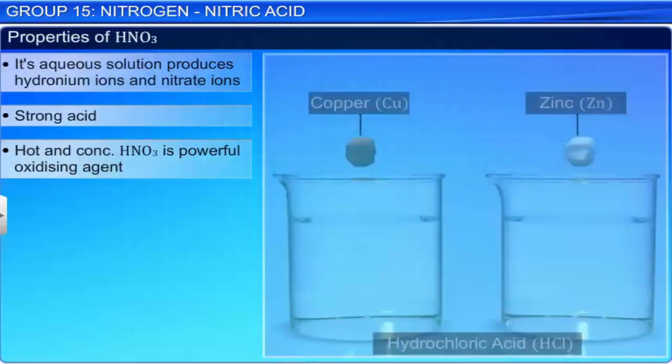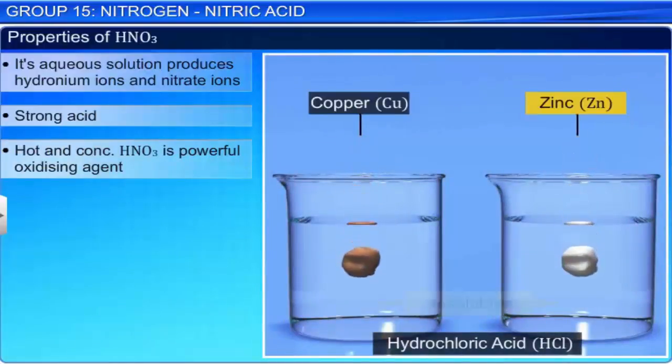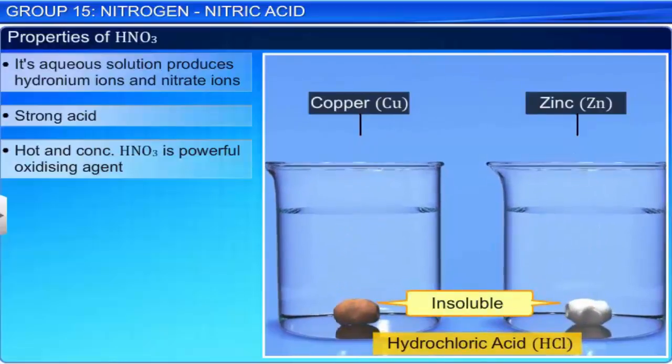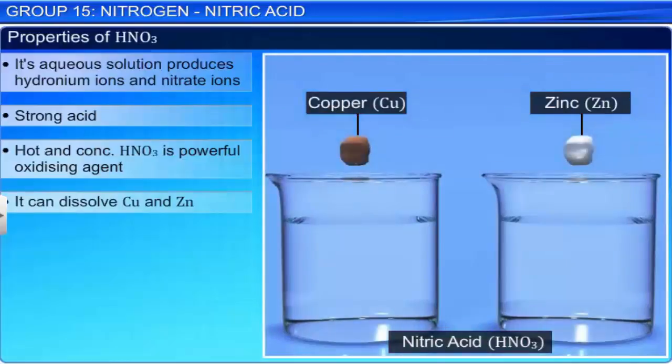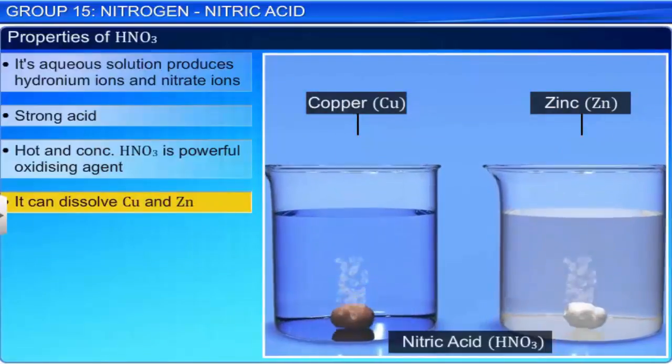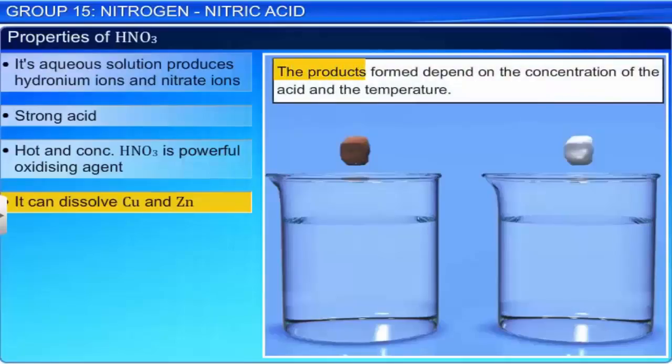You know that metals such as copper and zinc are insoluble in hydrochloric acid. However, these metals dissolve in nitric acid. The products formed depend on the concentration of the acid and the temperature.